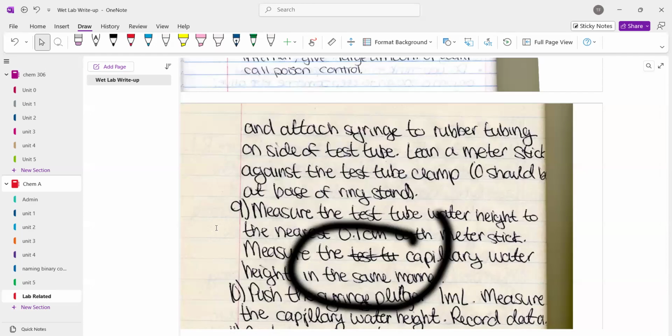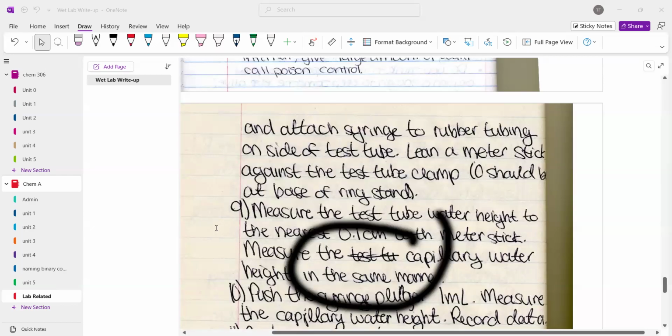Cursive is fine, as long as I can read the cursive.